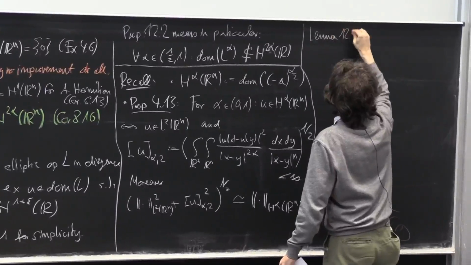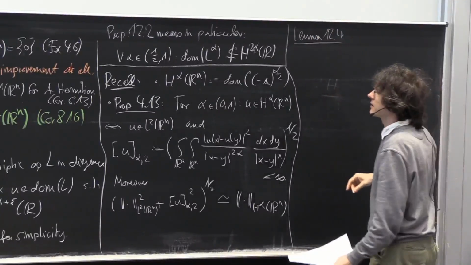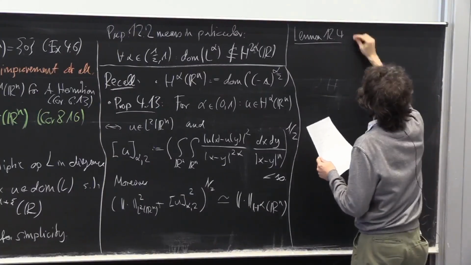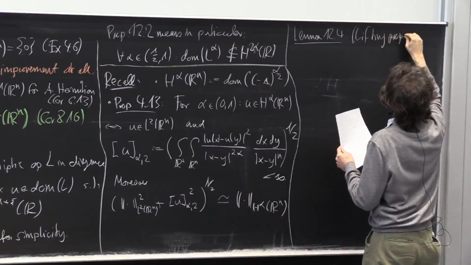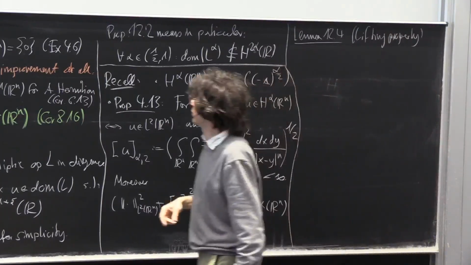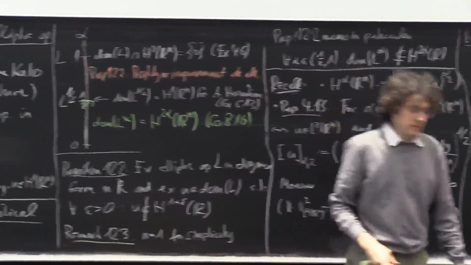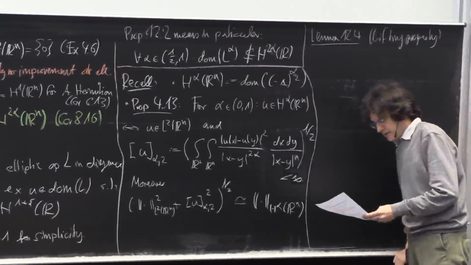And then the first lemma that we will need to prove this negative result about the powers above 1/2 is some lifting property for the Sobolev spaces. We have to look at the Sobolev space H1 plus epsilon, so a little bit more than one Sobolev regularity.